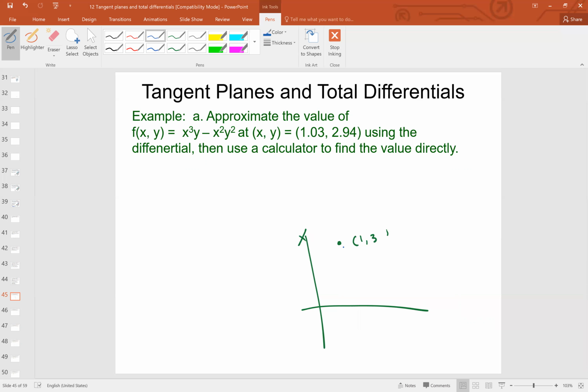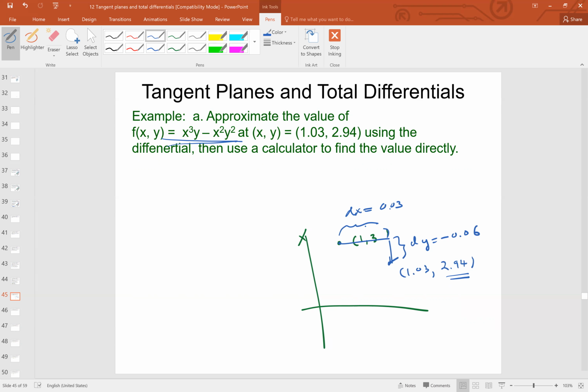And we want to estimate, as we change our position and move over to the point 1.03, 2.94, what is the change in the function values. So if I move from 1, 3 to this point, the amount of dx is going to be 0.03. And then I go down to 2.94, and the dy is going to be minus 0.06.